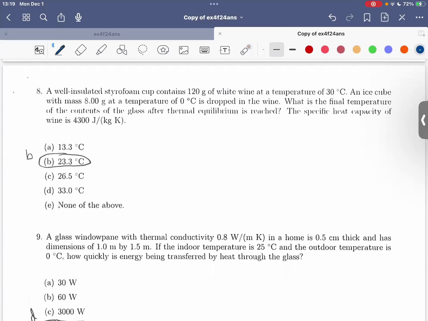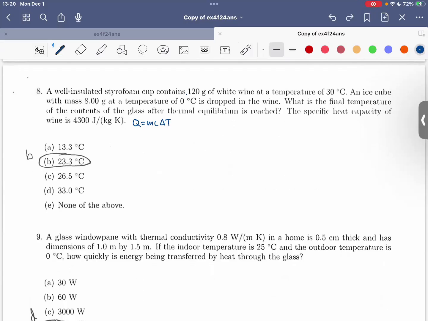And then number 8, we're asked to find the final temperature of the contents of the glass after thermal equilibrium is reached. So this is a Q equals MC delta T question. We're given the masses in grams, so we're going to have to convert those to kilograms.